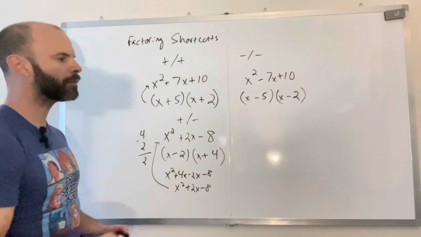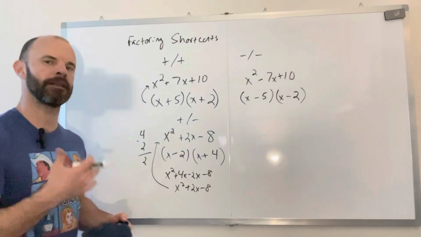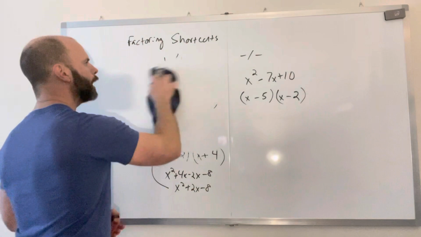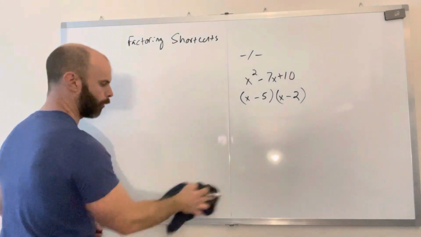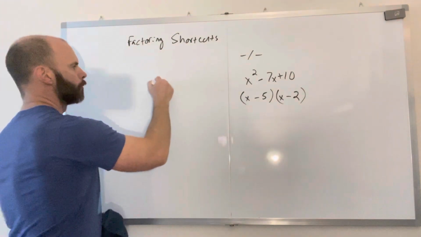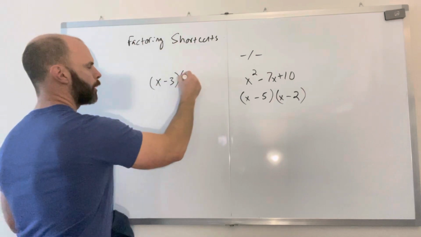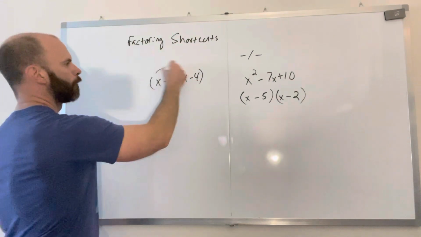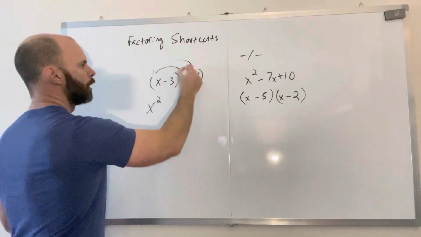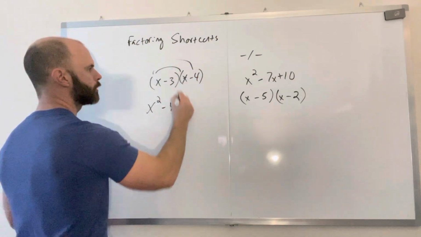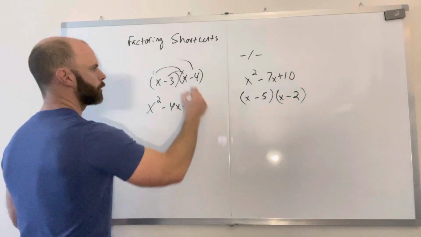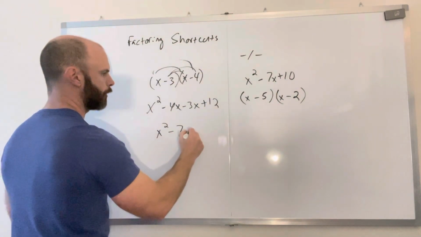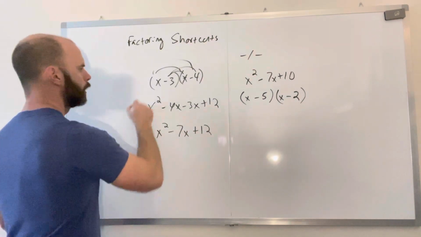So I think the best thing to do, honestly, is to see these from the reverse. So I'm going to erase this real quick, and let me then give you the example of a quick FOIL. Okay, so we're going to say x minus 3 and x minus 4. When I FOIL this, first x squared, outside minus 4x, inside minus 3x, last plus 12, x squared minus 7x plus 12.